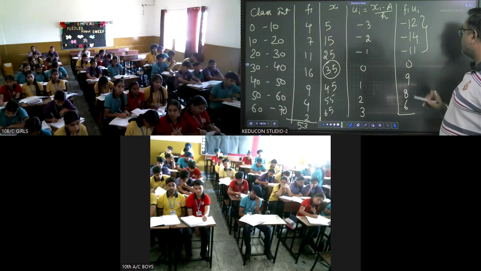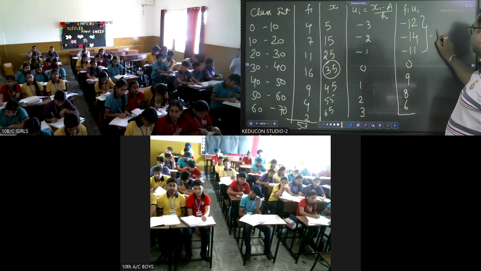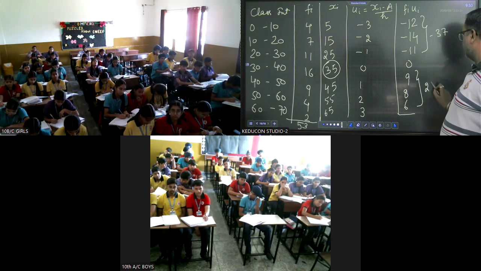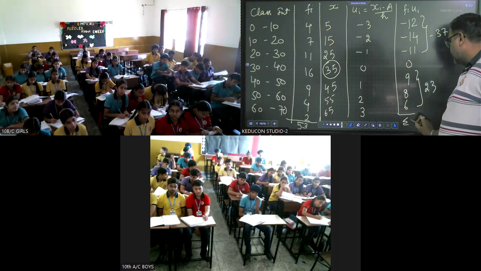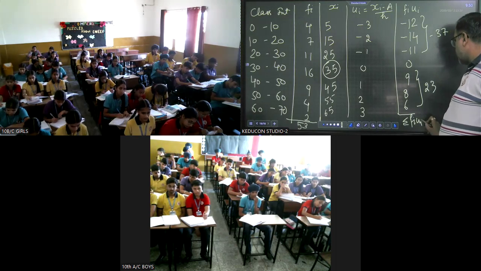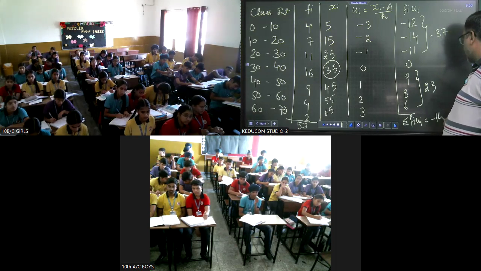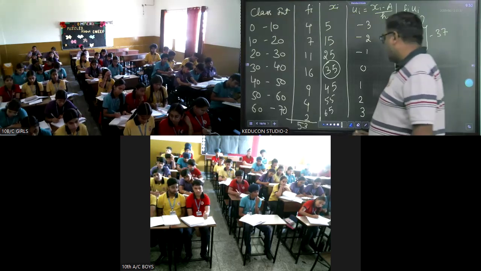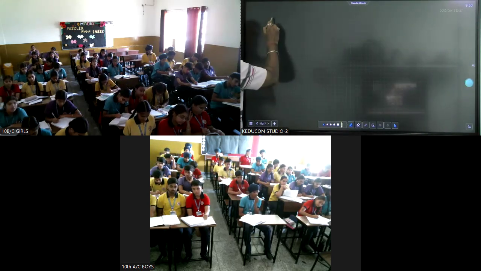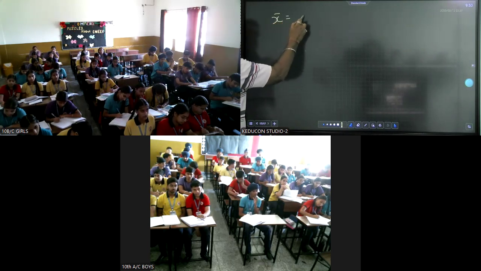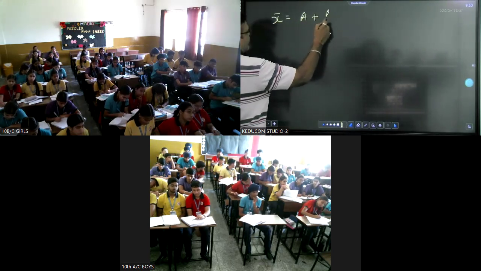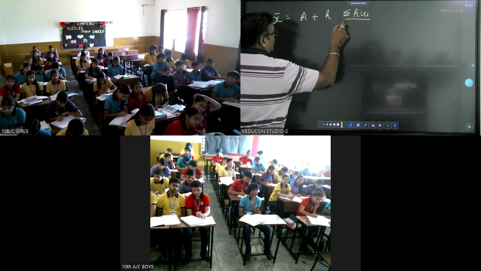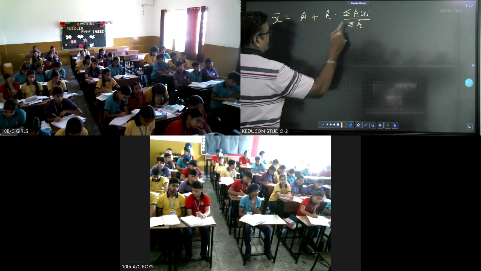What is the total, students? It comes out to be minus 14. Yes. So now what is the formula? The formula is A plus h into summation fi ui over summation fi.